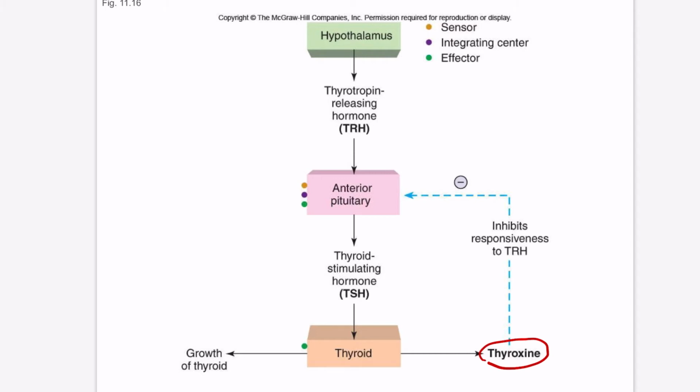This concentration of thyroxine is going to inhibit the anterior pituitary's responsiveness to the hypothalamus TRH, which is going to prevent it from producing more thyroid stimulating hormone, which would be negative feedback.